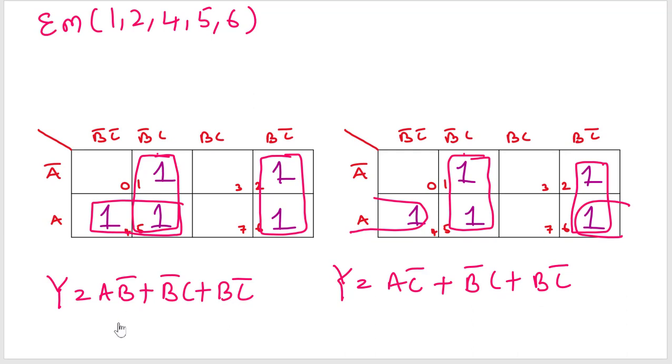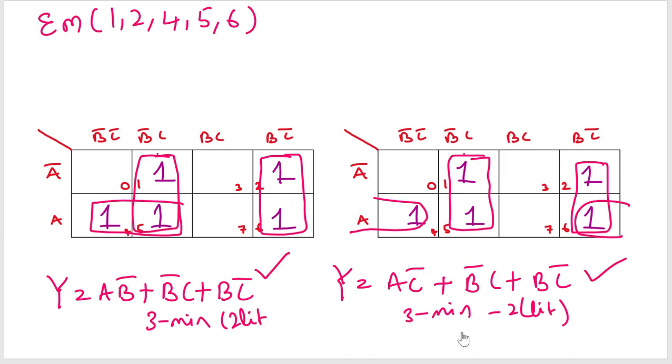If you look at here, both the expressions have the same number of minterms, 3 minterms, 3 minterms. Each minterm has 2 literals. Here also 2 literals. That means both are valid solutions. You can take any one of them.